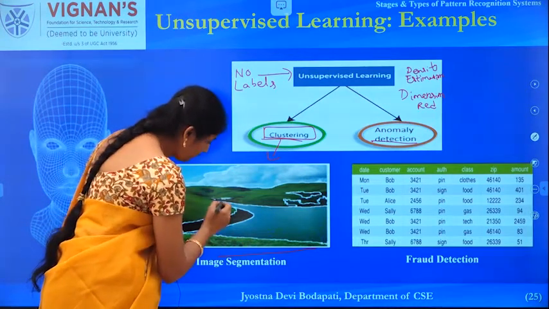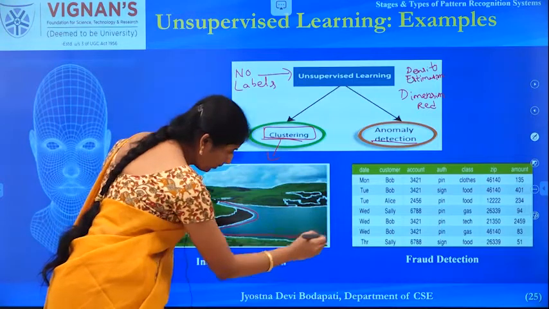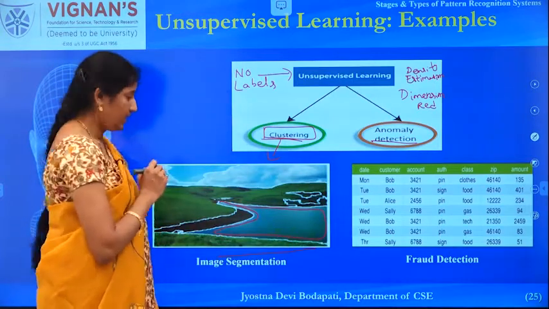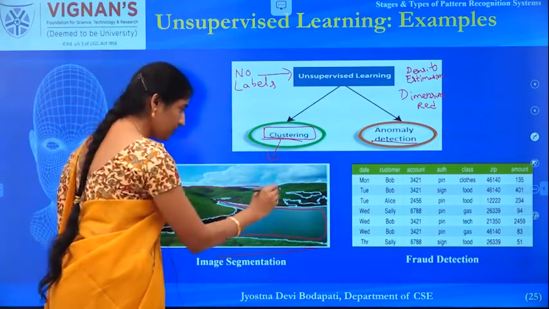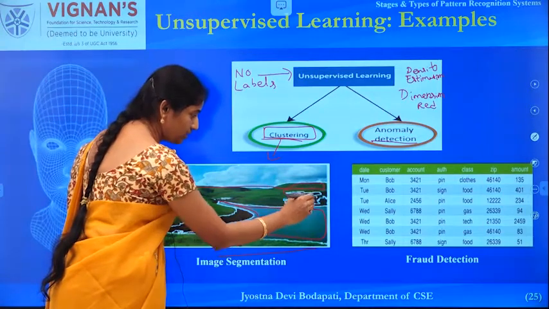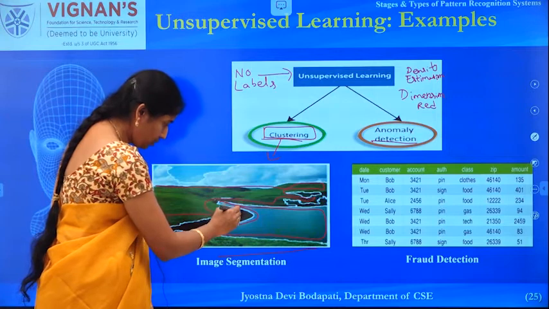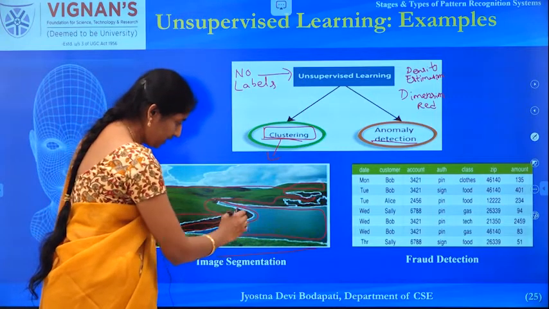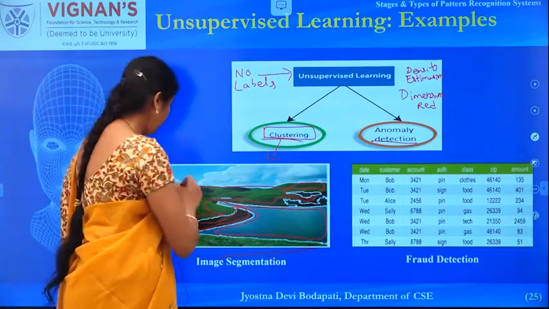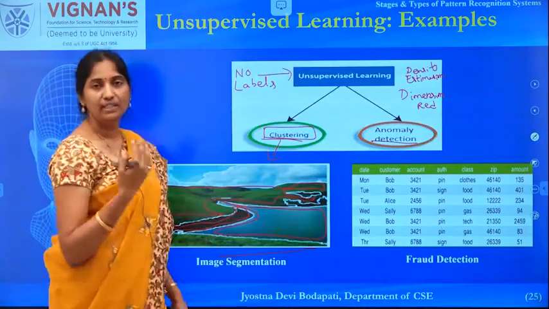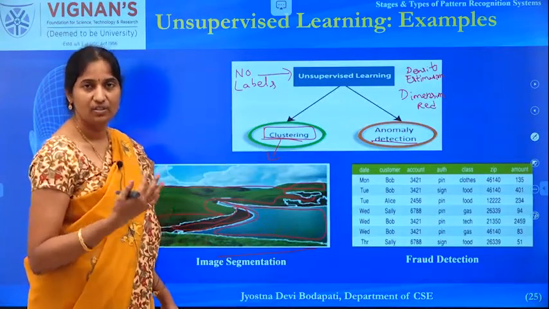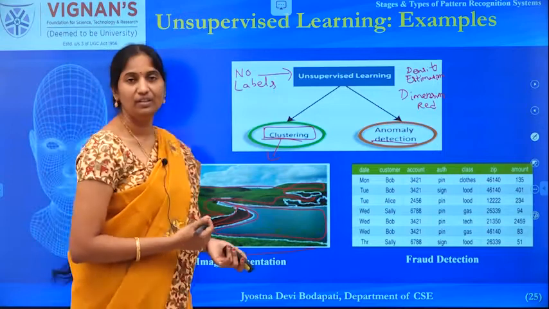Here, water is grouped into one object, and the green grass regions are identified as other regions. Then the mud or land portion is identified as another region, and the sky portions are identified as another region. This is an example of clustering.